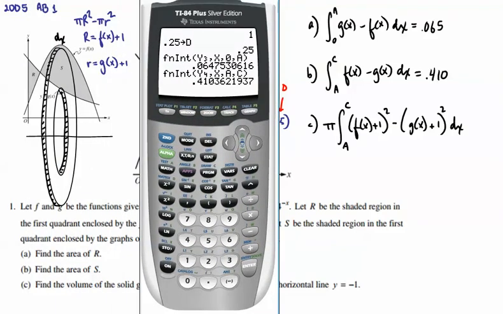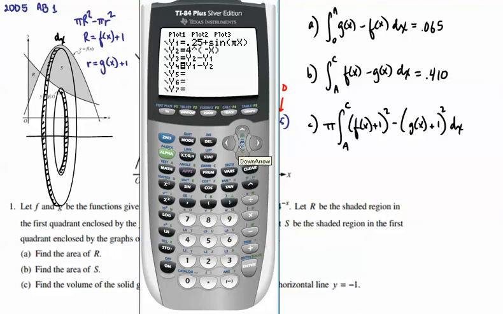And we're going to go back into y equals, and I will turn off y4. We'll start a new one, which will be y5.